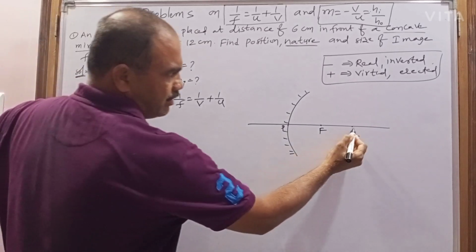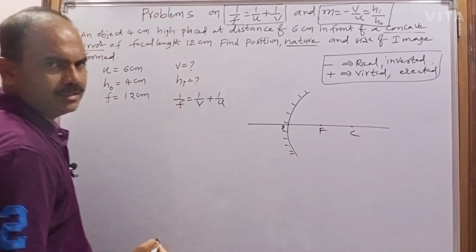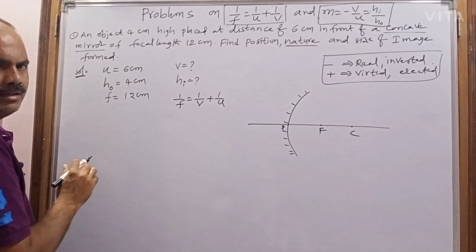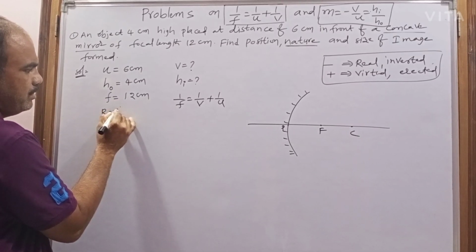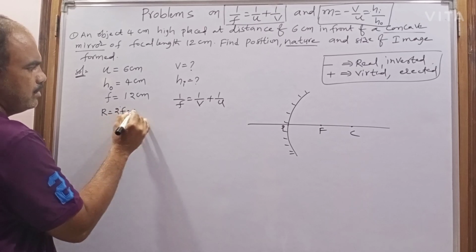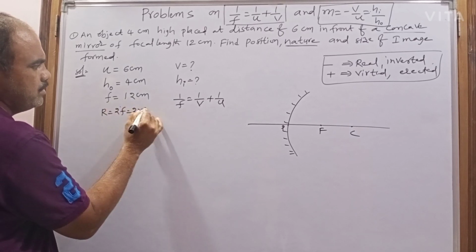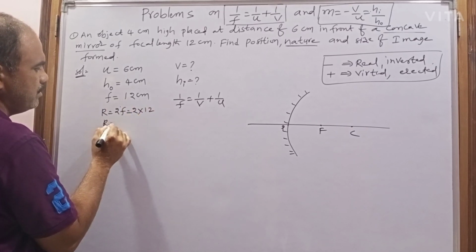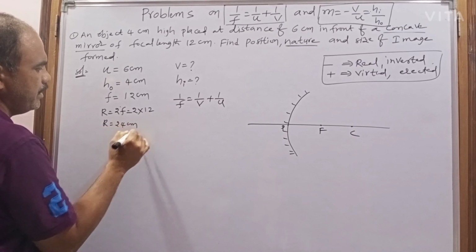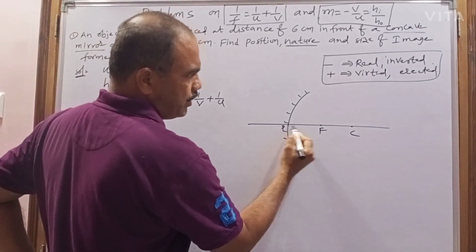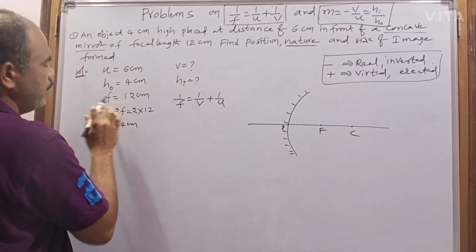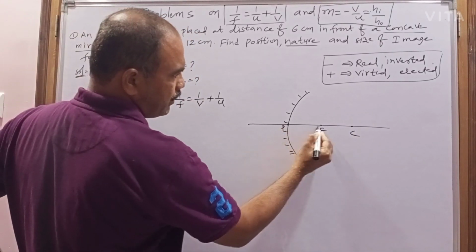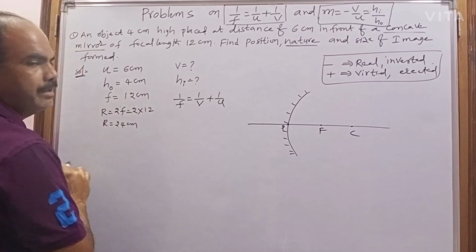The radius of curvature, R, equals 2f. So 2 into 12, that is R equals 24 cm. From the pole to the center of curvature is 24 cm, and the focal length, from the pole to the focus, is 12 cm.